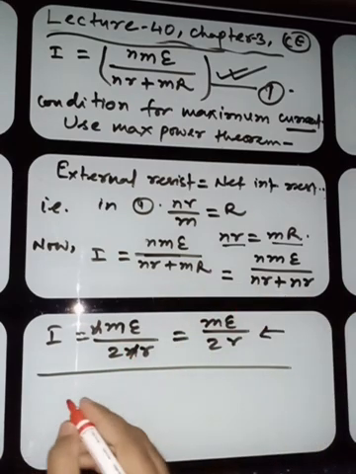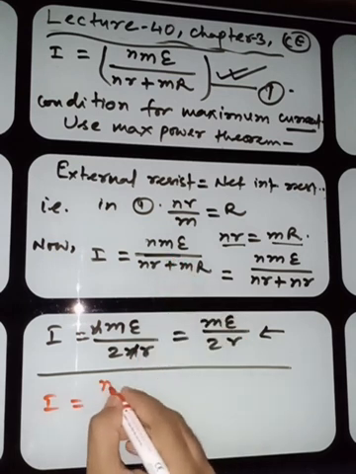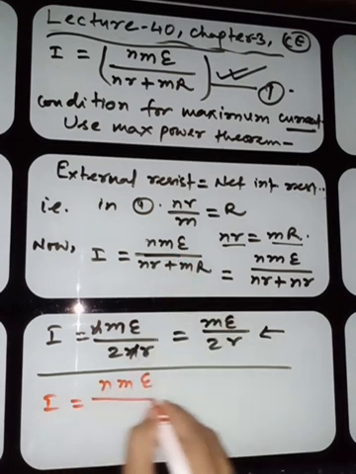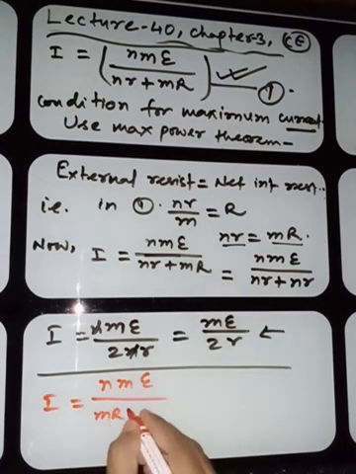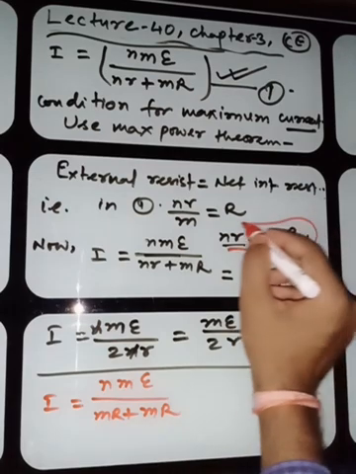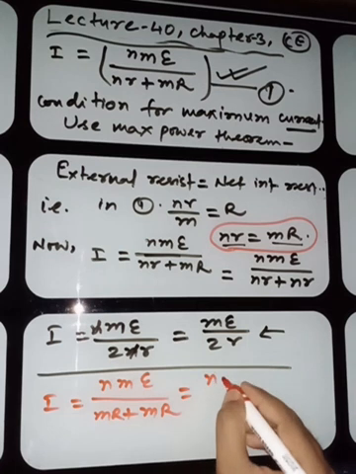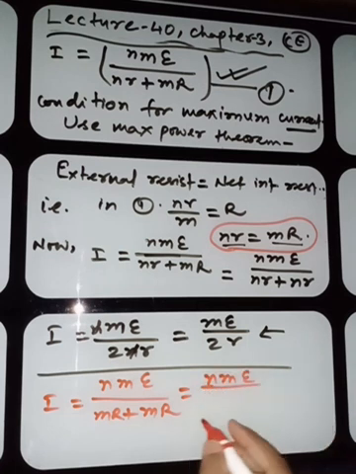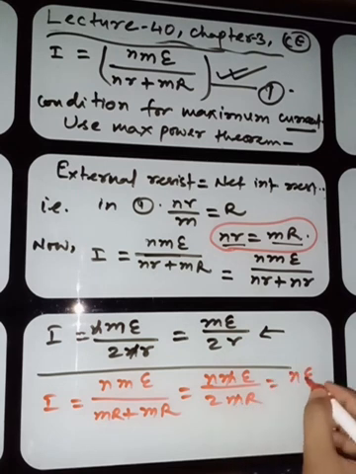So you can write I equals, from here directly, NME divided by MR plus MR. We can write this as twice MR, M will be cancelled out, so NE divided by 2R.